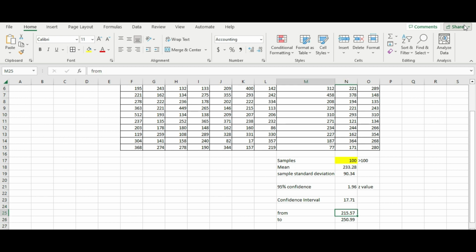So I am 95% confident that the mean will fall between 250.7 pesos and 250 pesos.